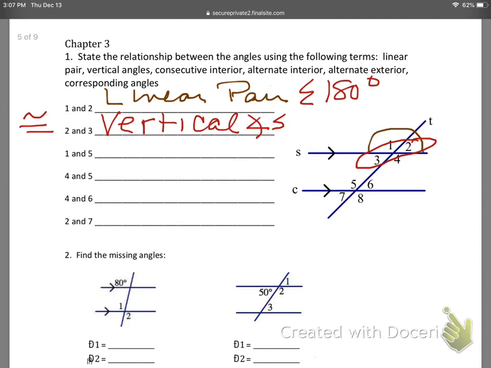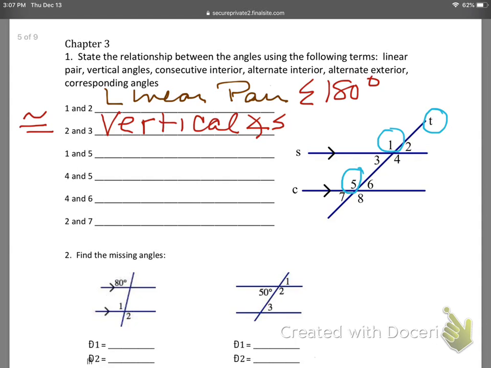Let's get rid of some of this writing right here. We're going to look at 1 and 5, so I'll change colors again. Here's 1, here's 5. Notice both these angles are to the left of the transversal, and they are both above their line.